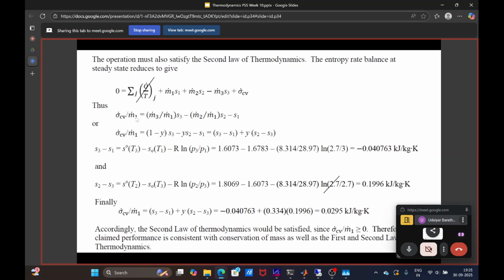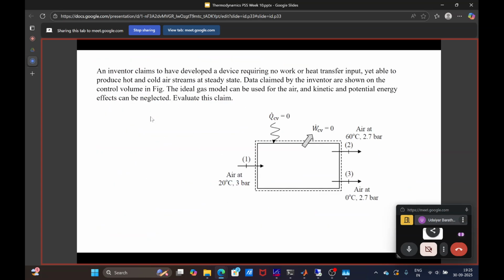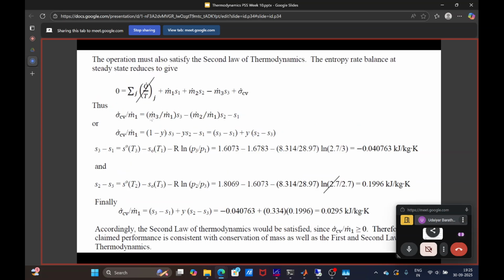So sigma by m1 comes out to be S3 minus S1 plus y times S2 minus S3.